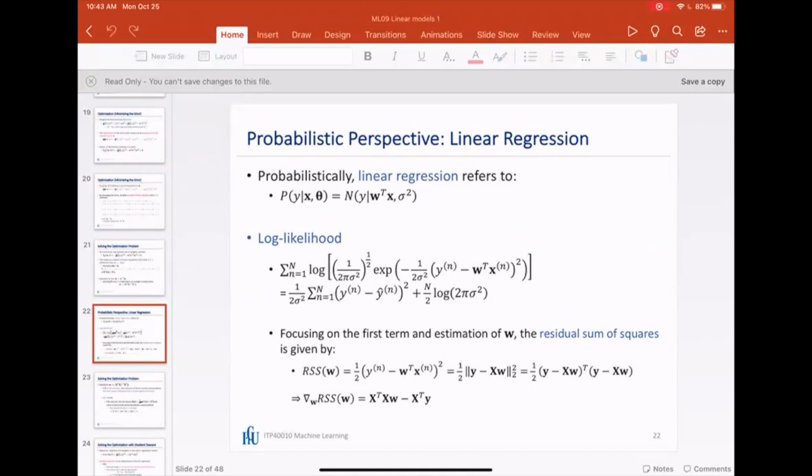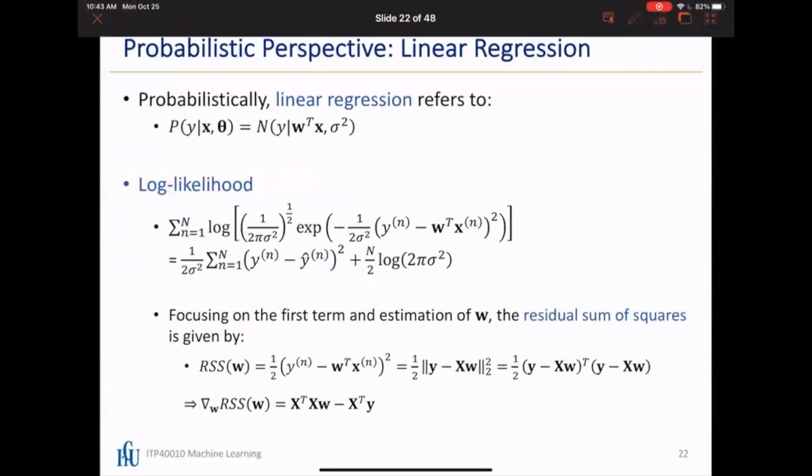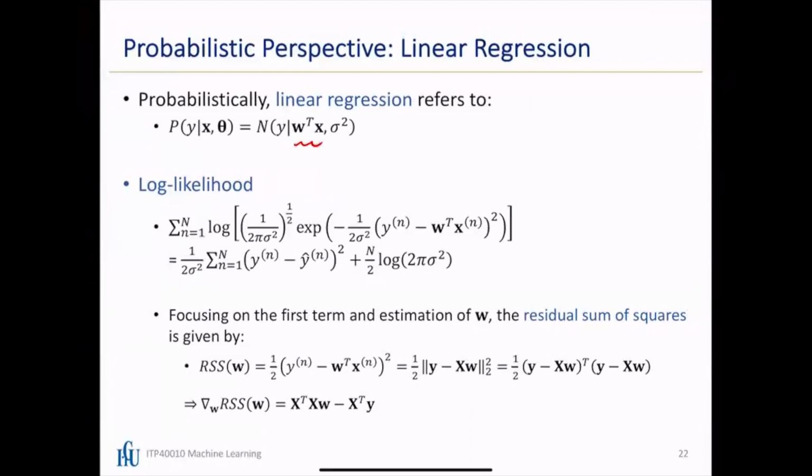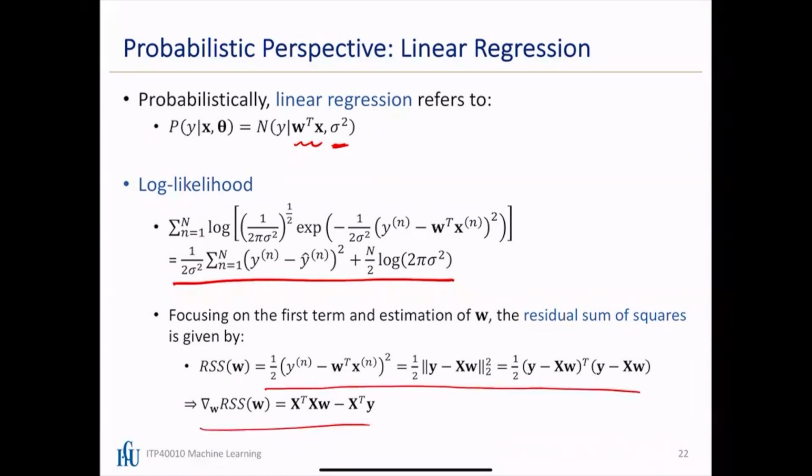You can imagine you're going to model a Gaussian distribution parameterized by W transpose X, with variance sigma square. And eventually you will have this notation for log likelihood. If you try to optimize it in terms of W, the rest of the process is equivalent to optimizing the previous slide. So eventually you can have the same analytical solution.